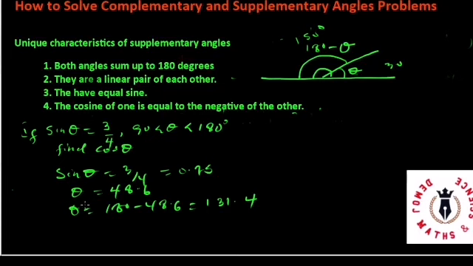Now, mind you, if I'm actually in an exam hall, I wouldn't expect you to go all the way looking for 131.4, because what the examiner wants you to look for is cos of theta. And he has told you that theta is actually in the second quadrant. Now, since my theta is 48.6, all I need to look for is the negative of cos 48.6 in the second quadrant.